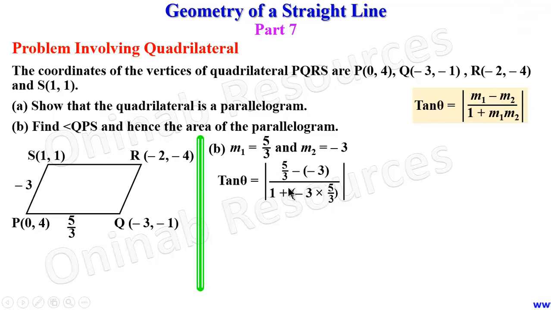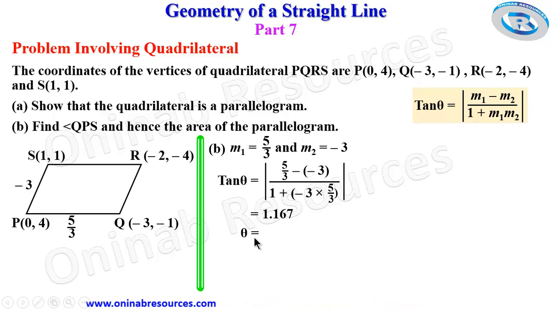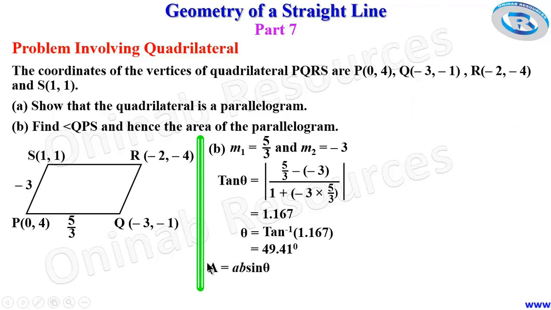Putting this in our calculator, we have it as 1.167, and our theta then is tan inverse of 1.167, which gives 49.41 degrees. So here, to calculate the area of a parallelogram, it is AB sine theta.